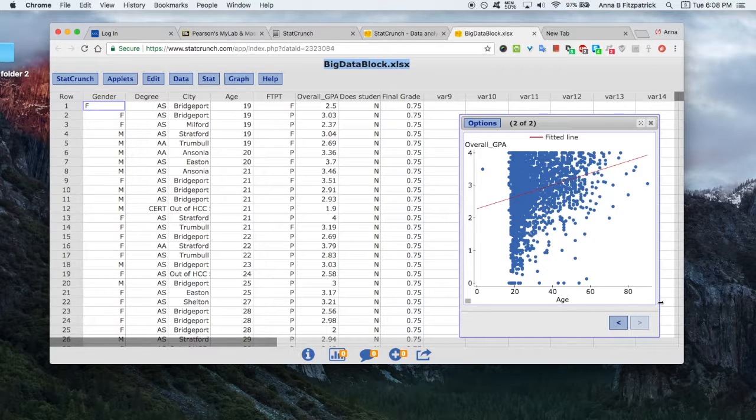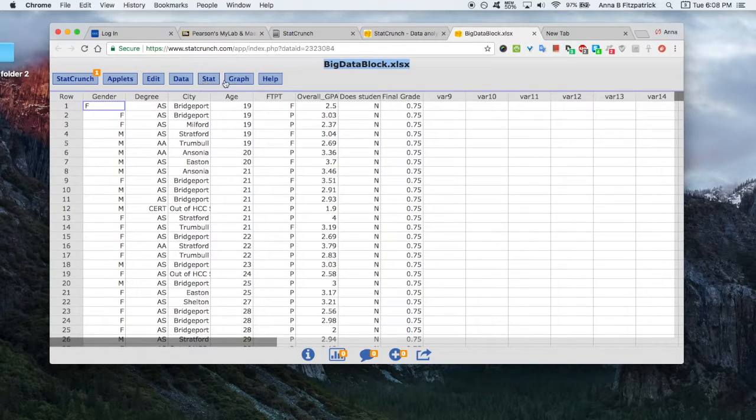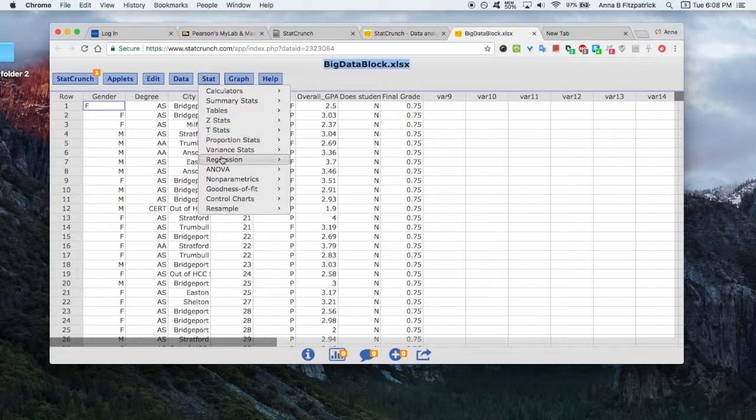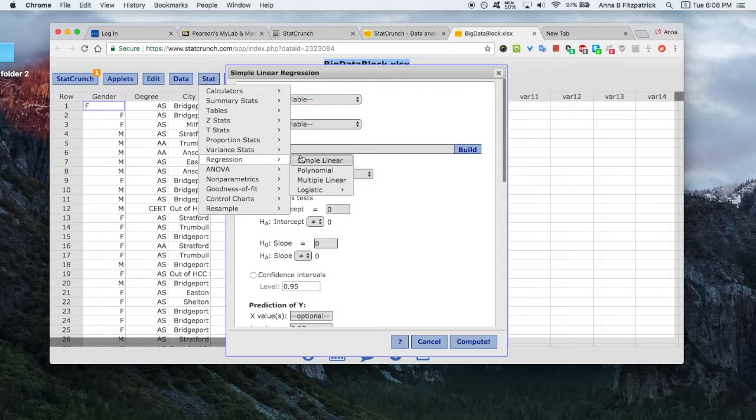Now, to sum things up, I am going to predict the GPA for a 25-year-old student at Housatonic. Again, I am going to go into Stat, Regression, Simple Linear.